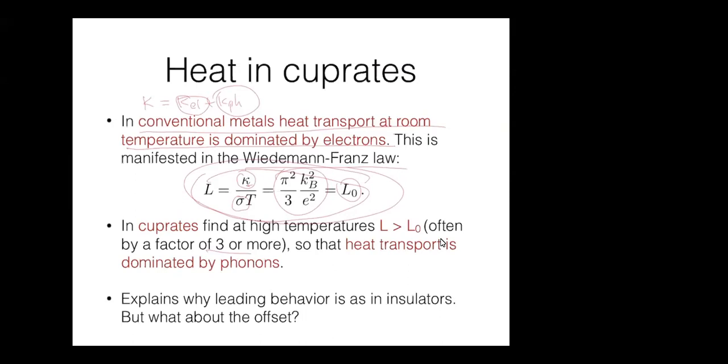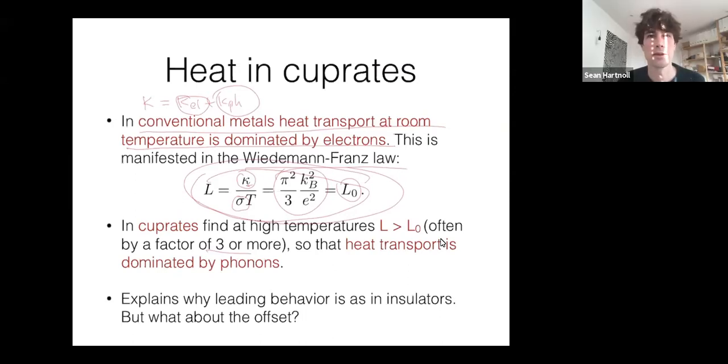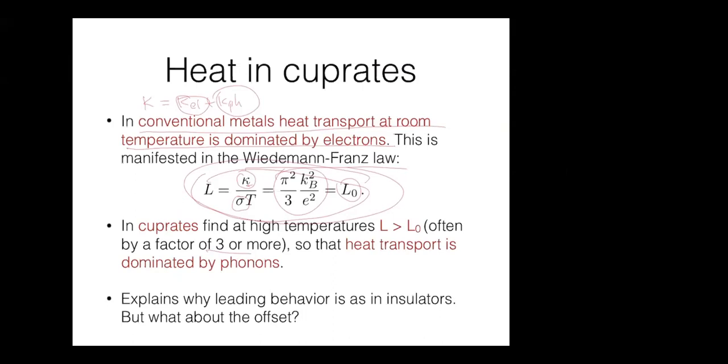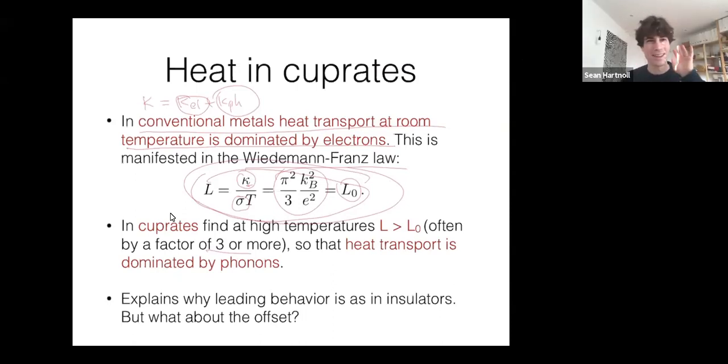Okay, so can I interrupt you 1 second? Yes, go. Am I wrong, or do you need quasi-particles to derive the Wiedemann-Franz law? Oh, for sure. Yeah. Well, I think there are two things. Obviously, this pi squared over 3 comes from some integral of the Fermi-Dirac distribution, which definitely needs quasi-particles.